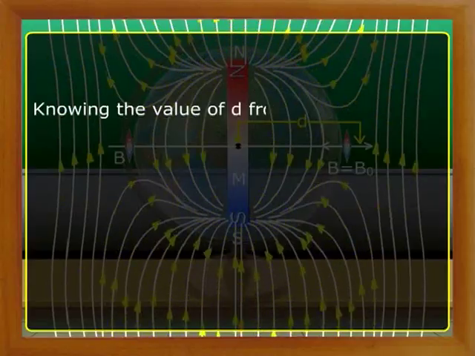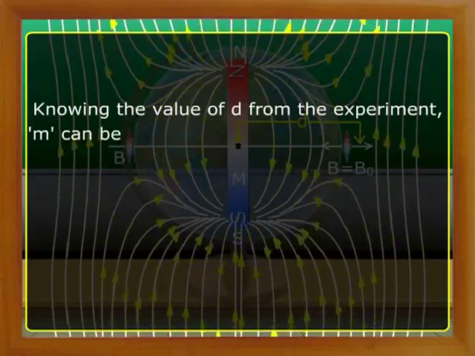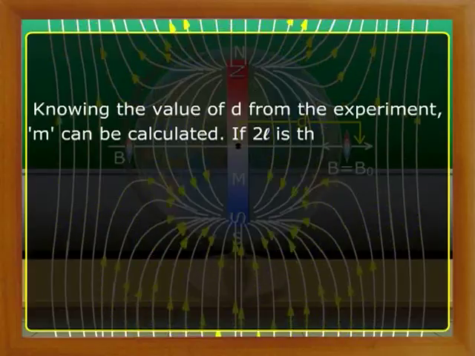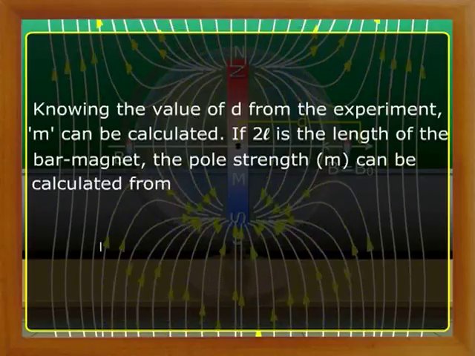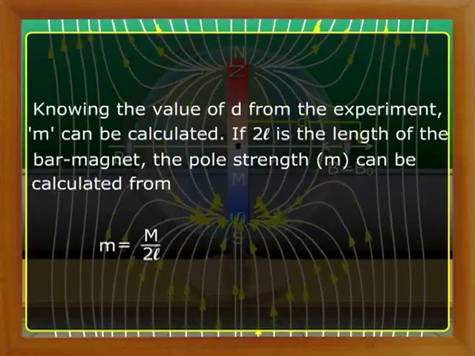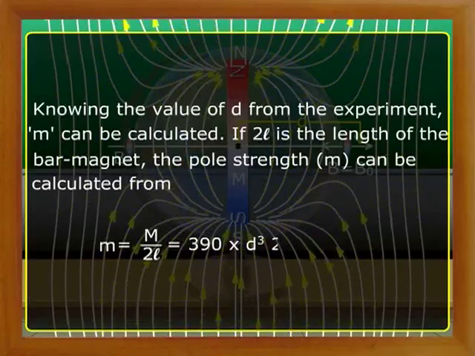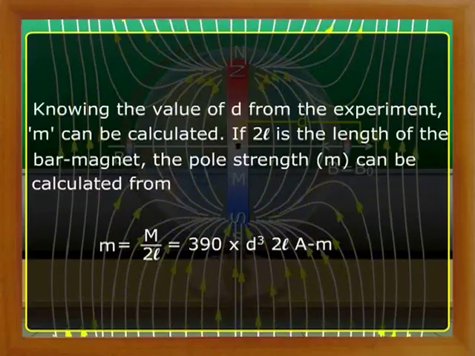Knowing the value of d from the experiment, M can be calculated. If 2L is the length of the bar magnet, the pole strength m can be calculated from m is equal to M by 2L, which is equal to 390 multiplied by d cube by 2L Am, which is equation 19.